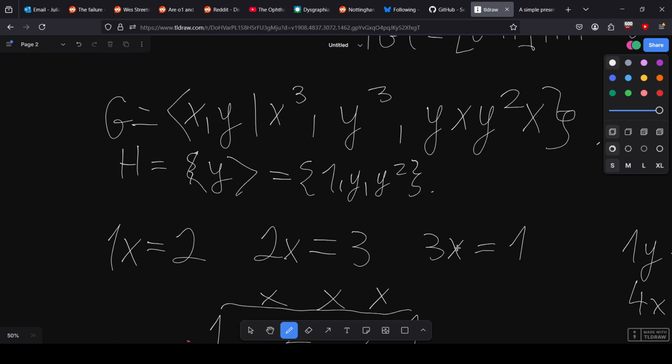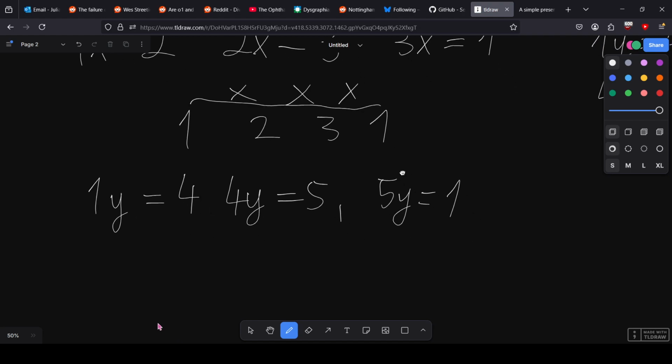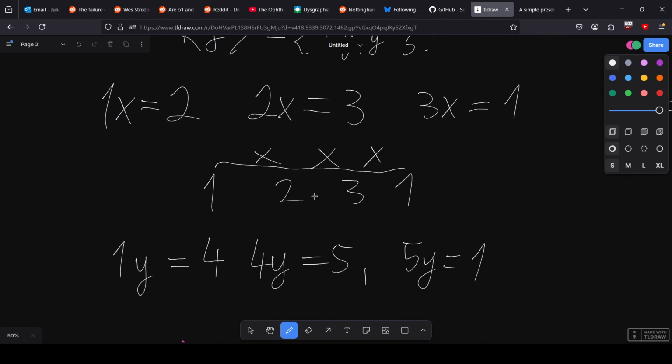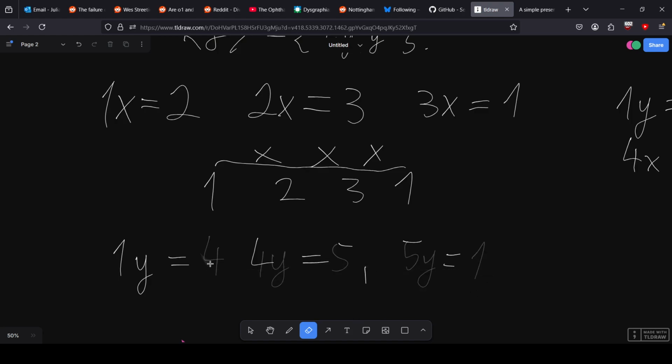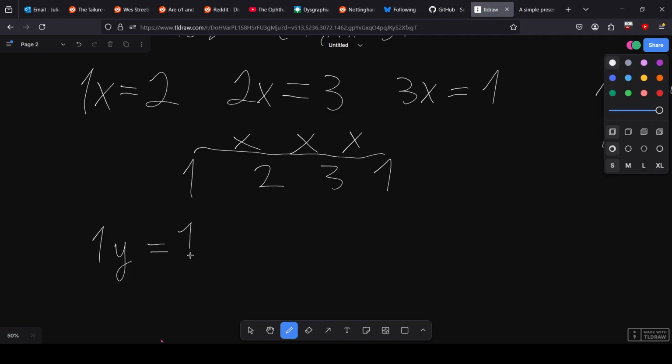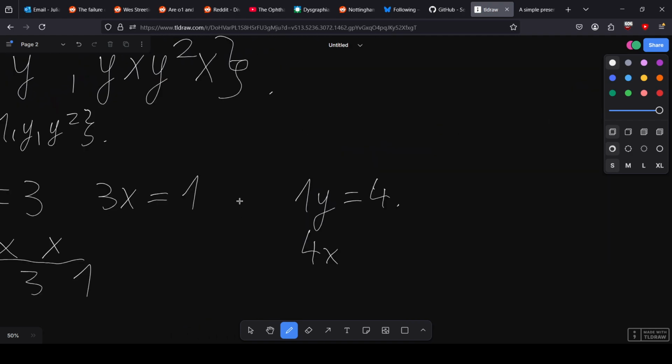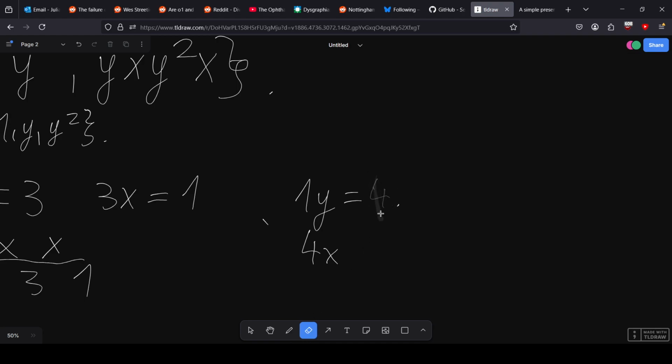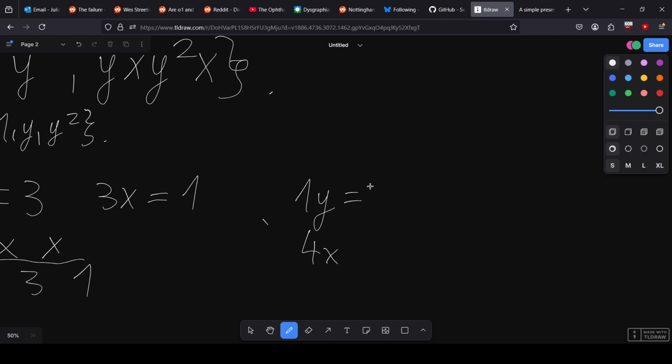Actually, sorry, I completely forgot about a thing, and this is why I don't like using this algorithm. y is a generator of H, so it must fix 1. So nothing really happens here. So instead, 1y is equal to 1 in the second part.